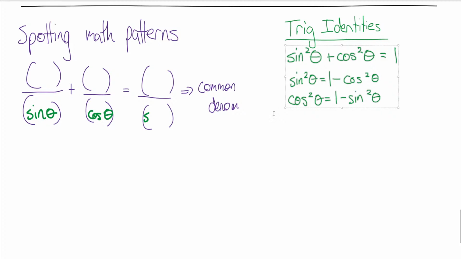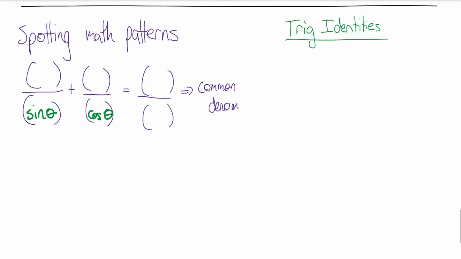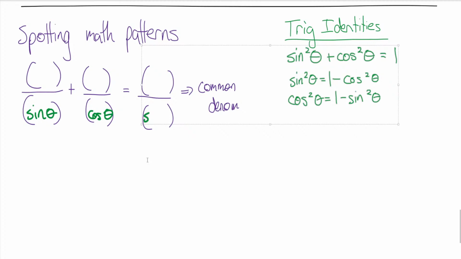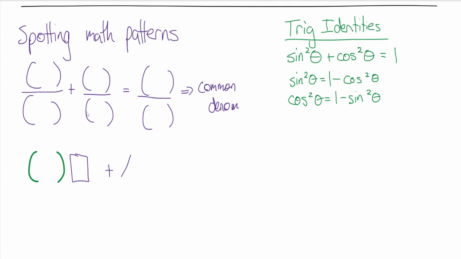This is the stuff that actually has to do with the trig. Oh, don't delete that. So for the most part, we're just going to be doing this type of stuff, okay? Common denominator. Another type of thing that we might see is something like this, right? You can have this plus that times the green thing.